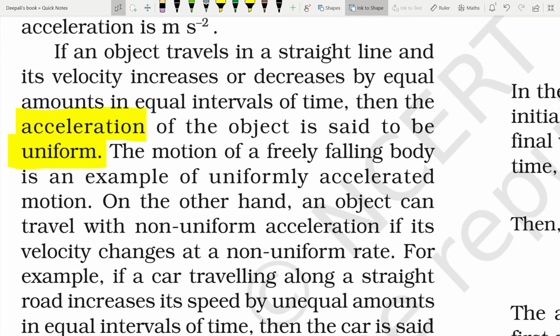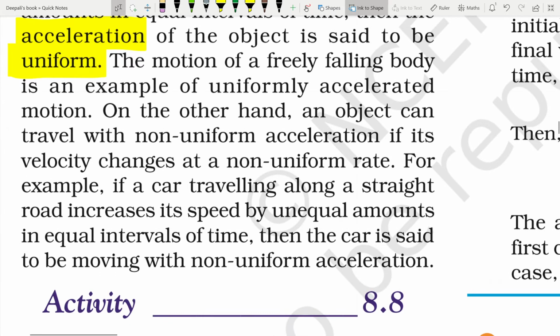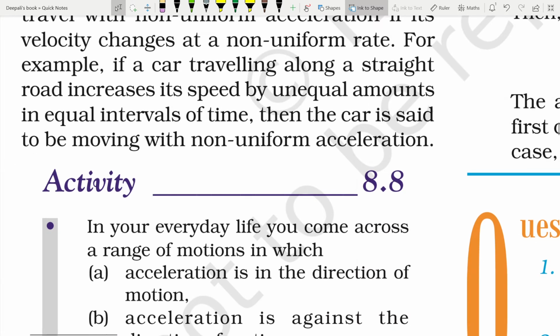On the other hand, an object can travel with a non-uniform acceleration if its velocity changes at a non-uniform rate. For example, if a car traveling on a straight line road increases its speed by unequal amounts in equal intervals of time, then the car is said to be moving with non-uniform acceleration.